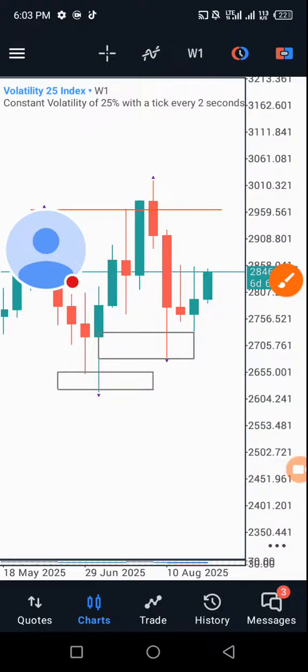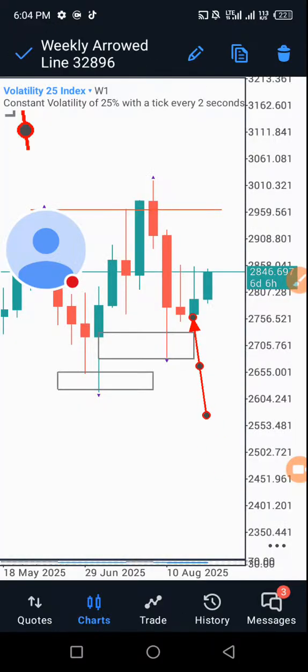The next week that follows, which is this particular candle, took out the low of the previous week's candle but never violated this, okay. It never tapped into the fair value gap, but for some reason it created a rejection, although it ended with a buy. Now this is this week's candle, okay.